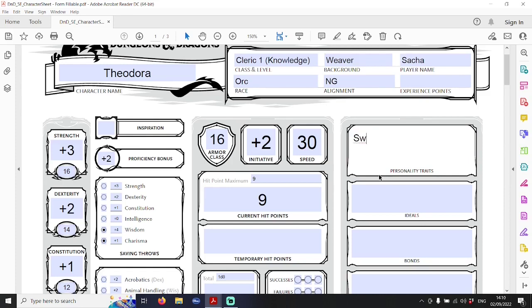You can go into as much detail as you like on this. A good way of doing it is, well, there's a few tips I can give you. First, listen to the other people who are in your group, who are in your adventuring party, what their characters are like, and think, okay, how do I want to fit in with them?